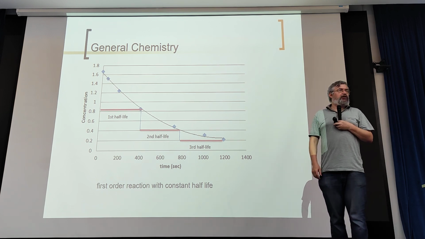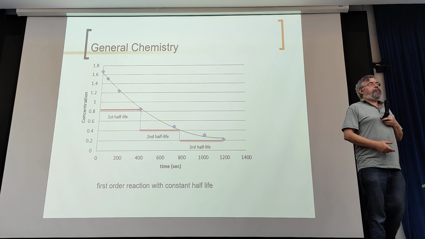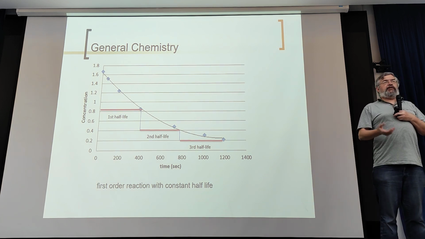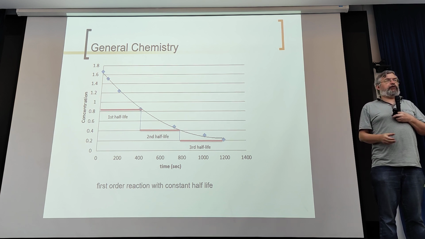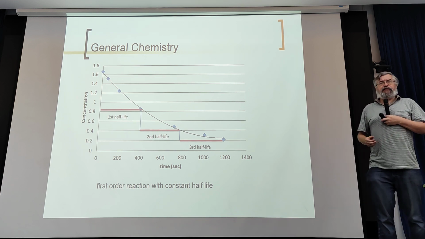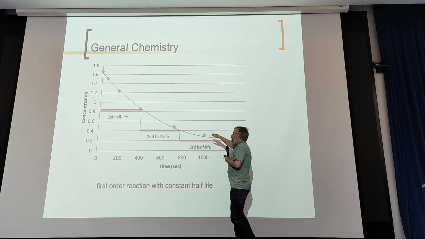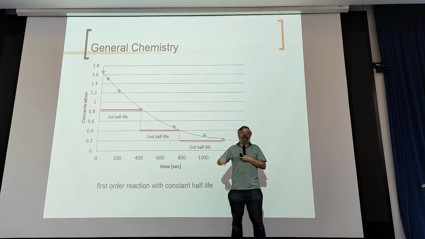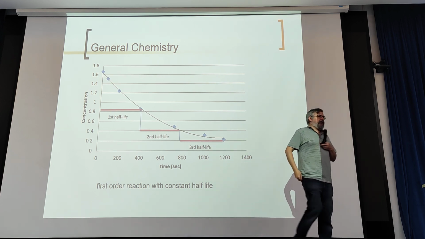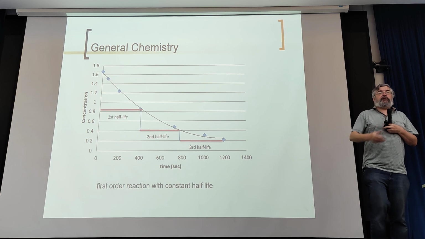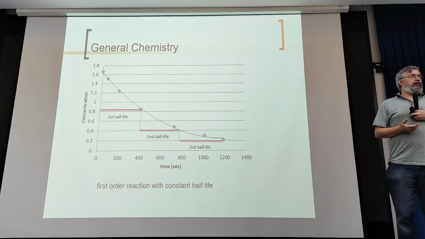So we can derive from this graph, without taking a logarithm, that this is a first order reaction, because we see the half-life repeating. If it were a second order reaction, this graph would go slower, so it would not have this kind of profile, or if the order is in any way different.